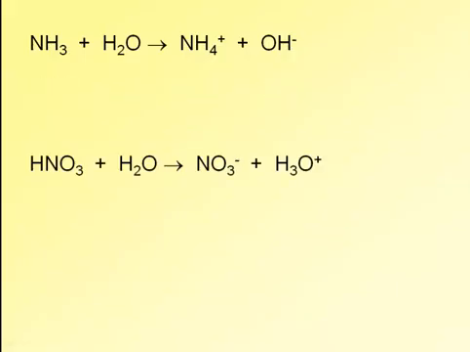Label everything in this example. HNO3 is acting as an acid. NO3- is the conjugate base. H2O is acting as a base this time. H3O+ is the conjugate acid.